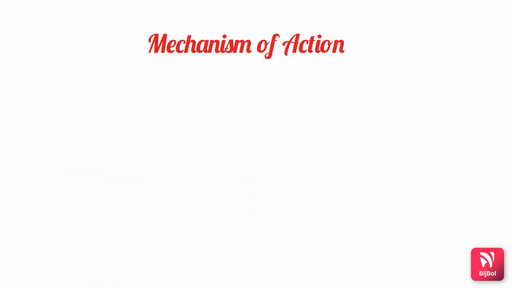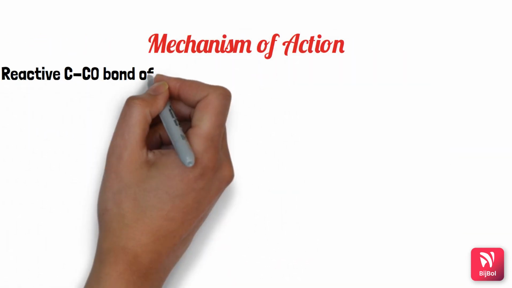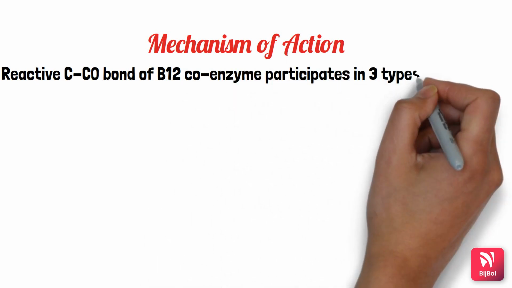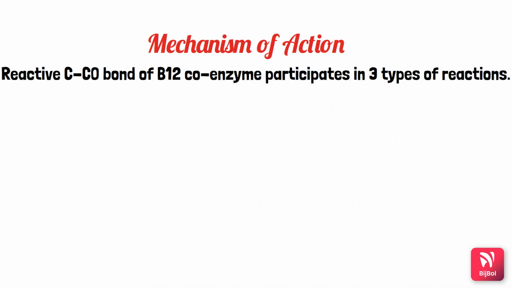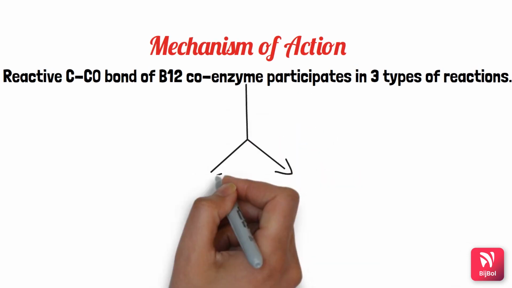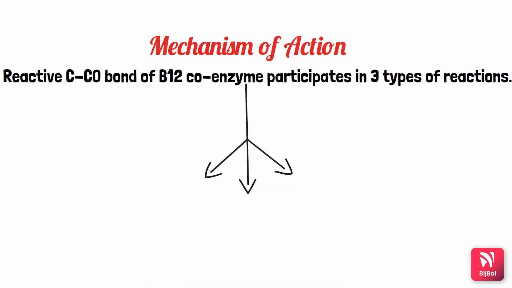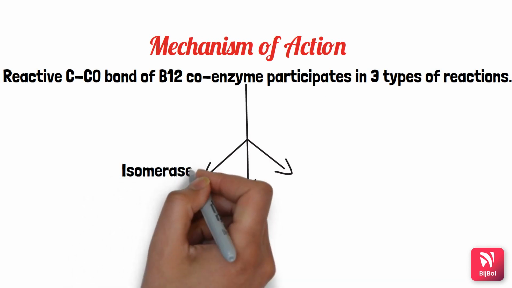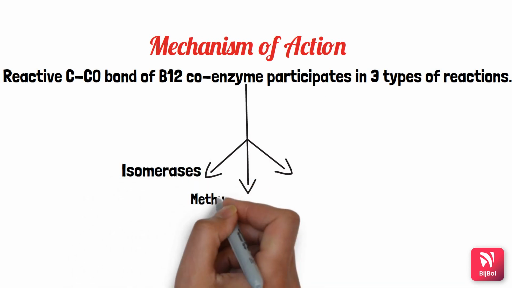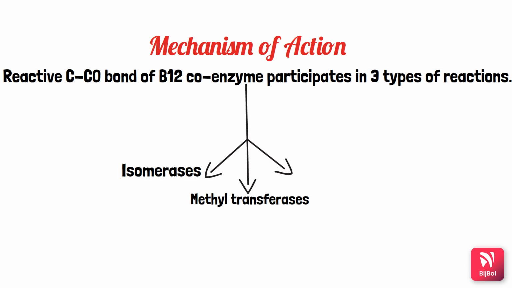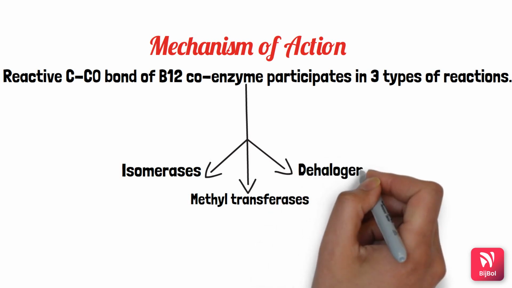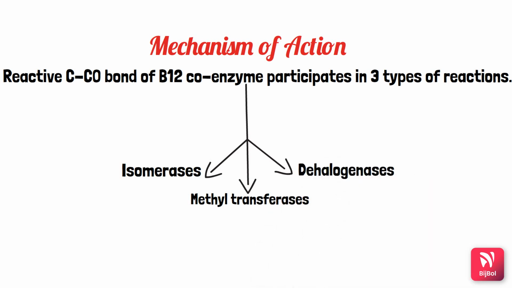Coming to the mechanism of action of vitamin B12, in vitamin B12 there is one reactive bond. That reactive bond is the C-Co bond. The reactive C-Co bond of B12 coenzyme participates in 3 types of reactions. In these 3 types of reactions, enzymes involved are isomerases, methyltransferases, and also dehalogenases. Now what is the job of isomerases?